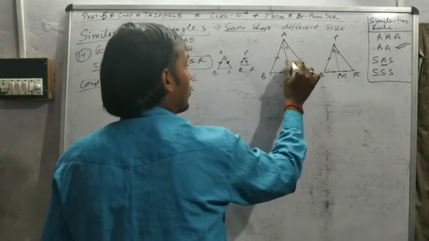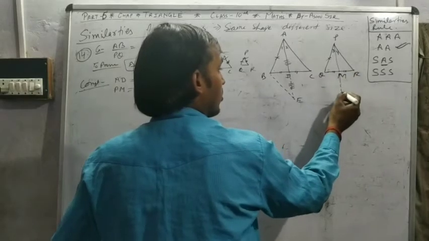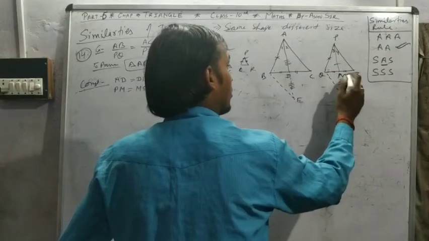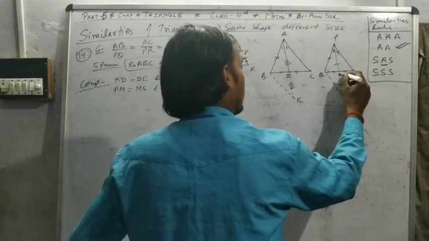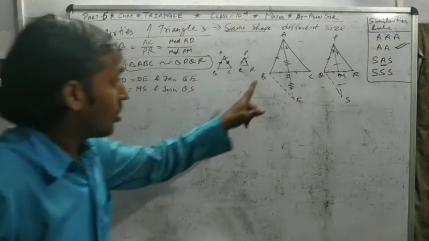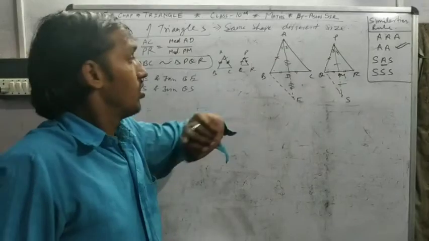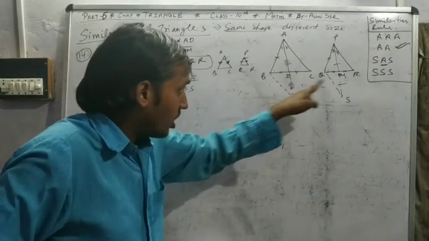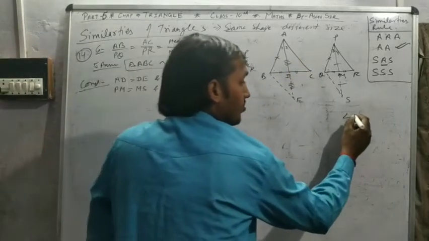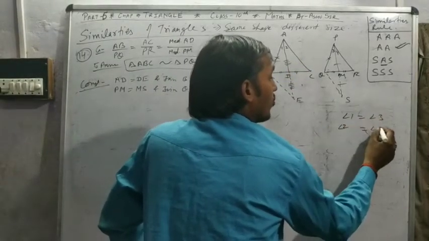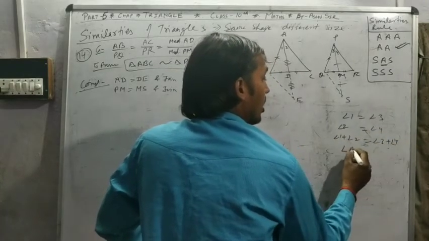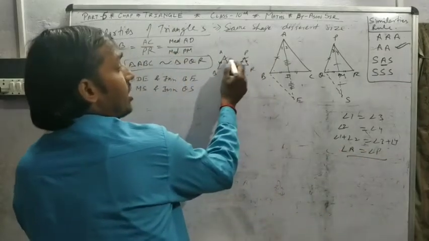This equal, this equal. Why? So we make angles 1 and 3 equal. Same, if we join CE and RS, we make angles 2 and 4 equal. When 1 equals 3 and 2 equals 4, so 1 plus 2 equals 3 plus 4, so angle A is equal to angle P. So side angle side.